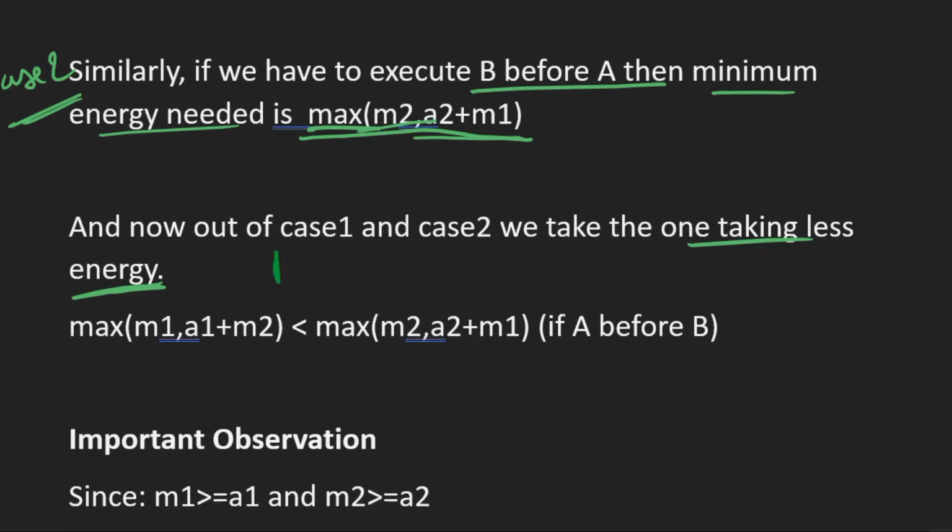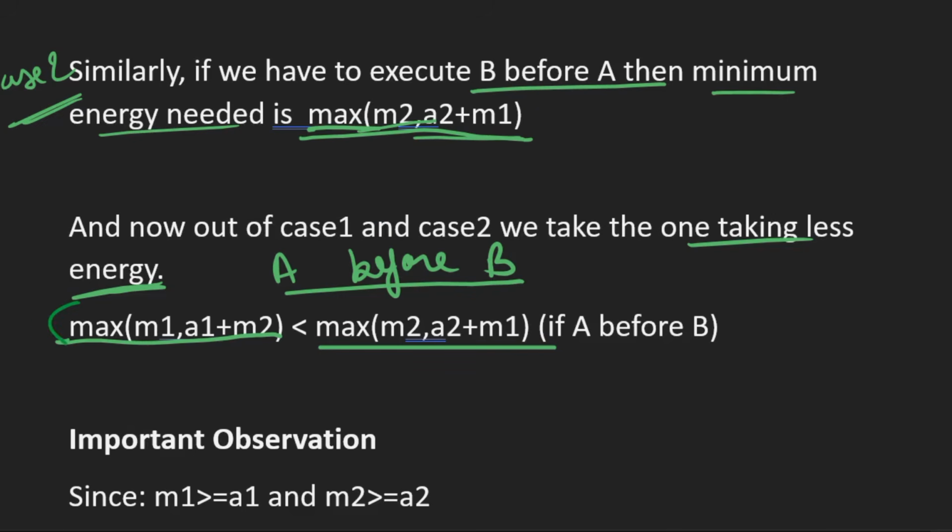And we are assuming that we want to execute A before B. That means the minimum energy of case 1, which is the maximum of M1 comma A1 plus M2, should be less than the minimum energy of the second case, that is B before A, right? So this is the expression that we have got.